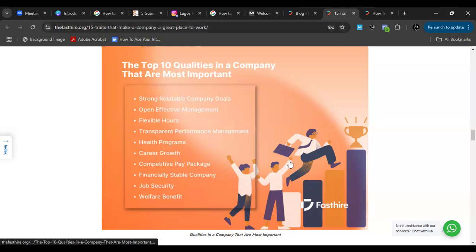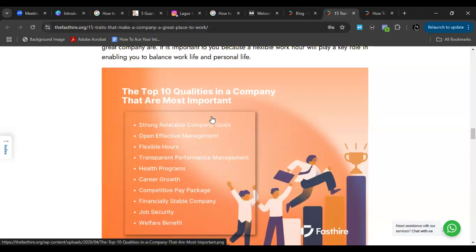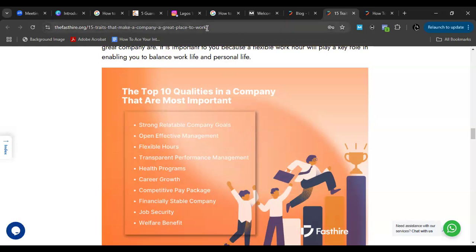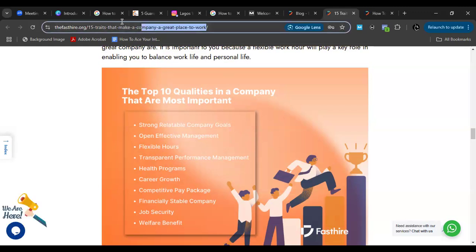When you're saving the image, always save it with a title that is relevant to this. Sometimes you can even name it "image traits that make a company a great place," right?